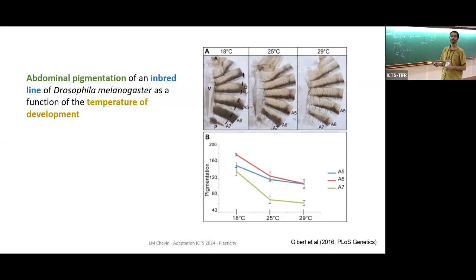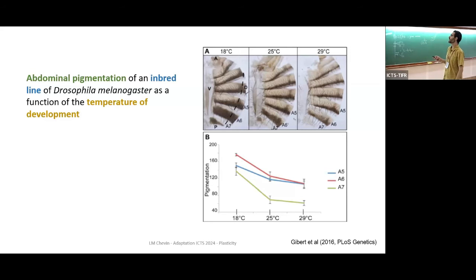This actually we've seen yesterday in Subhash's talk. This is the darkening of Drosophila abdomen when they develop at colder temperature. And so obviously when you go in nature, you will see some latitudinal clines of this trait. So you will want to look for genetic variation for that. So some people do common gardens, others will not. They will just sample and genotype.